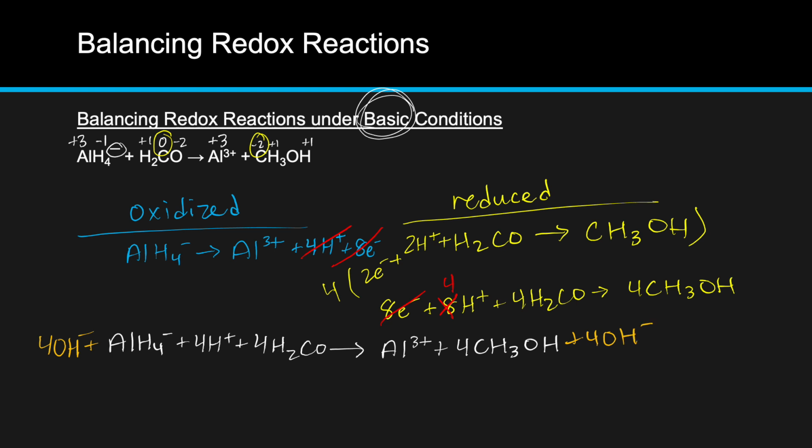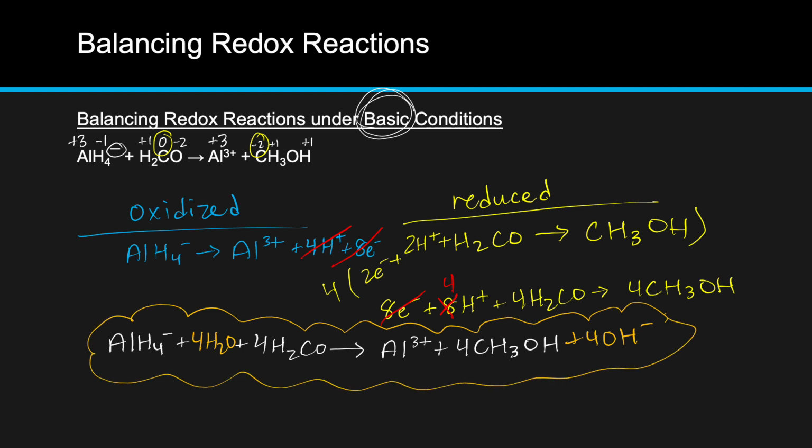Now, as you can tell, our OH- ions and our H+ ions are going to combine to form 4 moles of water. Because we don't have any water molecules present in this reaction and none of them cancel out, we are done. And this is our answer for balancing the redox equation in basic solution.